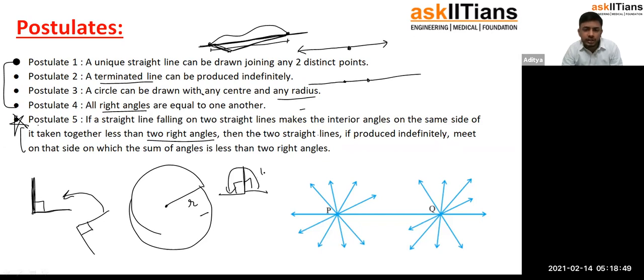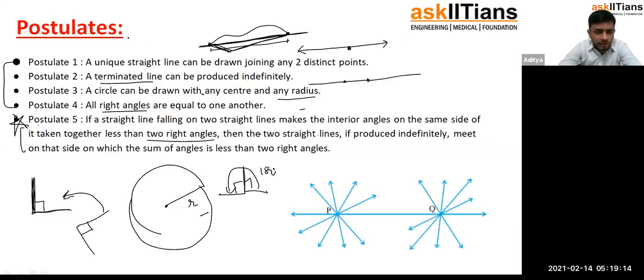We, of course, get 180 degrees. So it is saying if the sum of the interior angles is less than 180 degrees, then the two straight lines, if produced indefinitely, meet on that side on which the sum of the angles is less than two right angles. It is a little bit difficult to understand, so let us try to understand it better, what we actually mean by this.